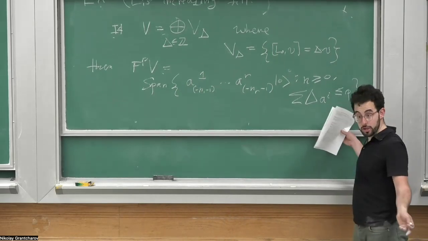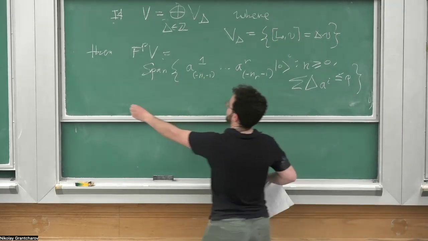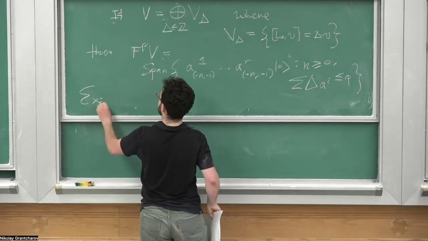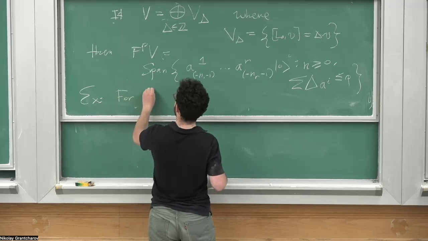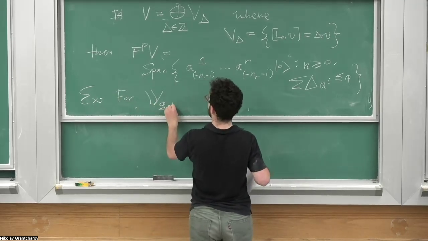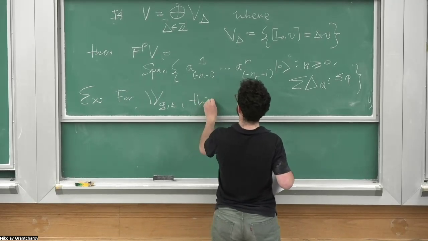So that is the definition. In practice, here is an example, the example for the Kac-Moody vertex algebra. This is just the PBW filtration.